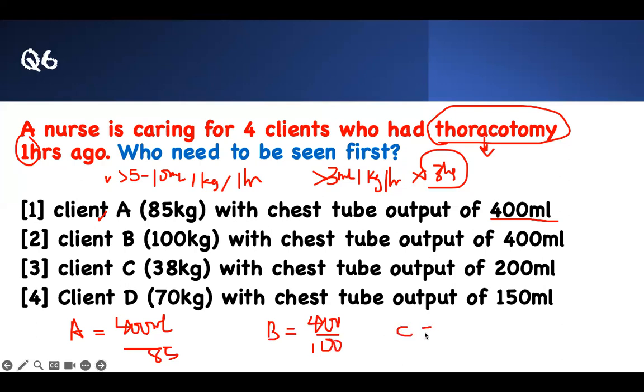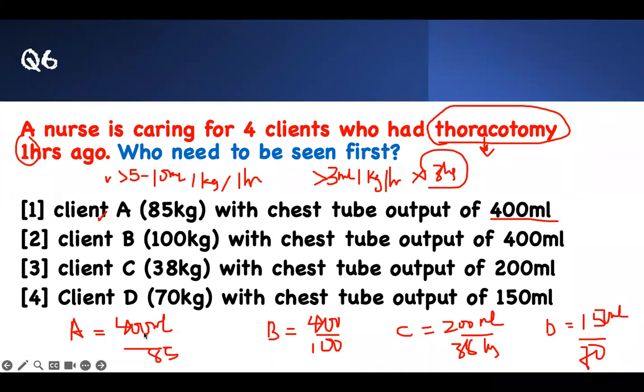Client C, 200 mL in 38 kilos. And D has 150 mL over 70. So you have to calculate all of them and compare which one satisfies one of the conditions above.